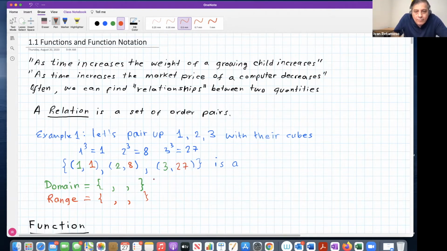This collection of ordered pairs, that's what mathematicians call them, because there is an order, as you can see, separated by commas within braces, is what is called a relation. So this is a relation, just any pairing relation.